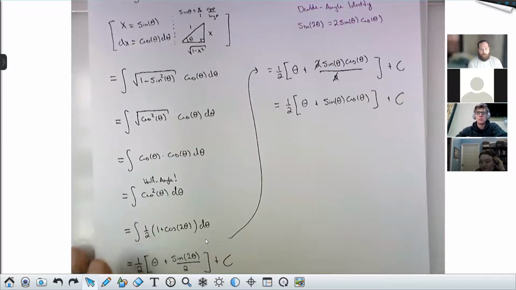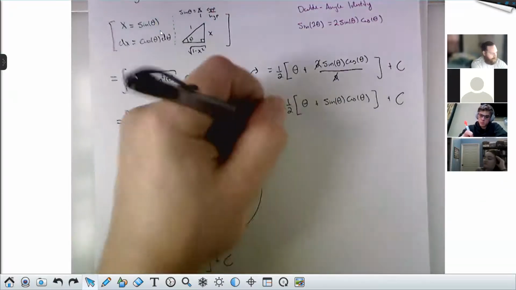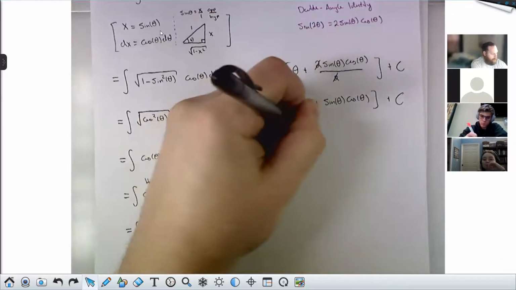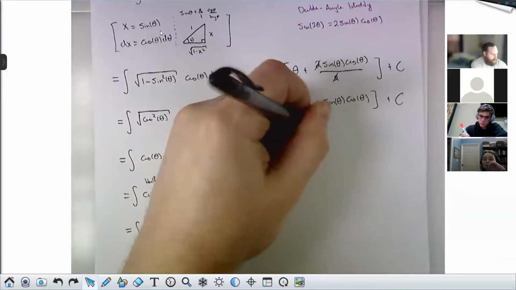And now I can go back to my x's. Now I have everything that I need to go back to x's, because I can read off sine theta and cos theta from this triangle. I can find theta itself by taking the inverse sine here, right? If x is sine theta, then theta must be the inverse sine of x.